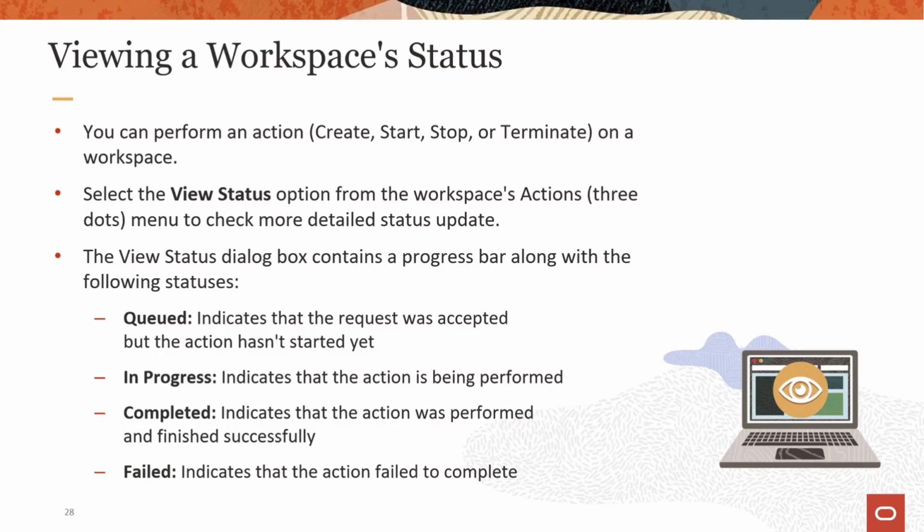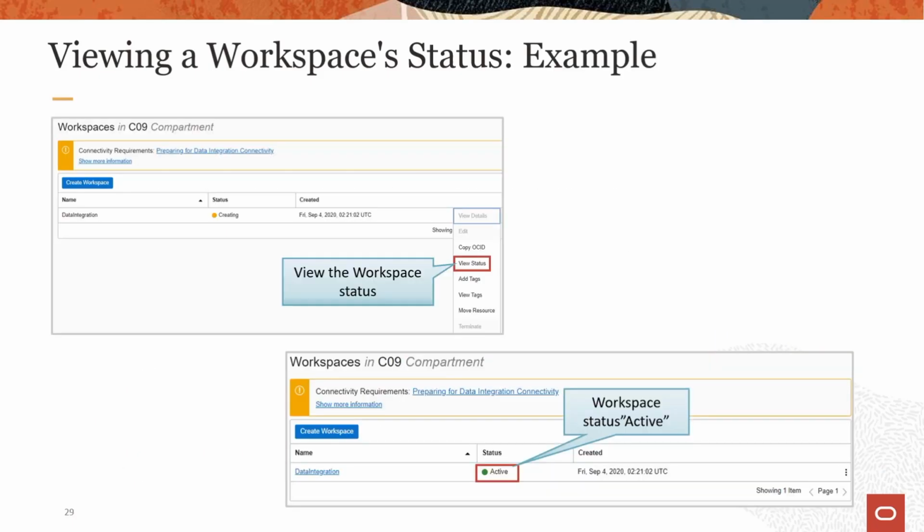Queued means the request was accepted, but the action hasn't started yet. In progress indicates that the action is being performed. Completed indicates that the action was performed and it is finished successfully. Failed indicates that the action has failed to complete.